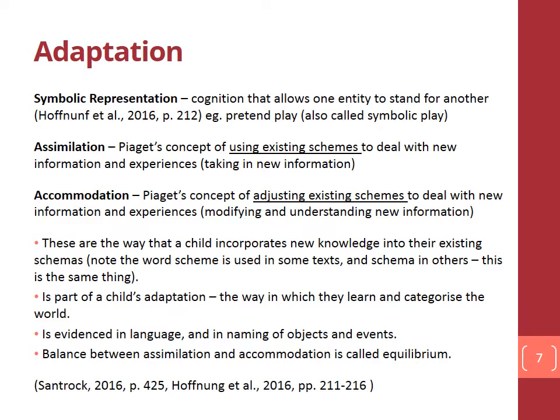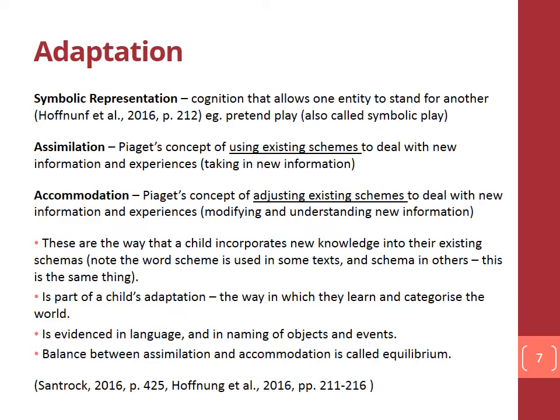There are some concepts in Piaget's work that are important to understand. There is a movement from the sensory motor stage to the pre-operational stage that's quite significant, and this is called symbolic representation.